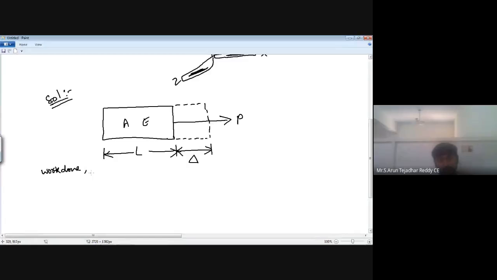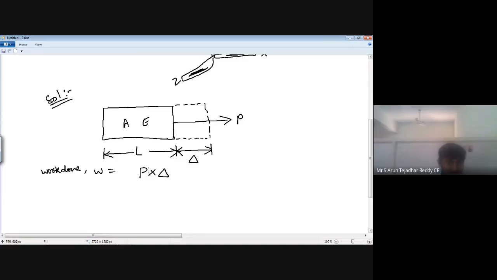Work done W is equal to, just now we discussed that work done is equal to strain energy, that is force into displacement. Here force is P into displacement, here delta. Displacement means change in length.